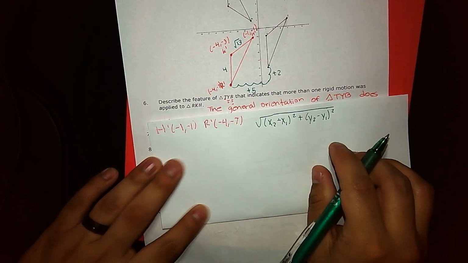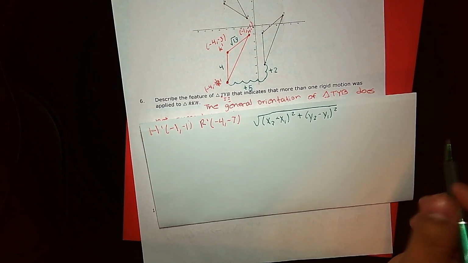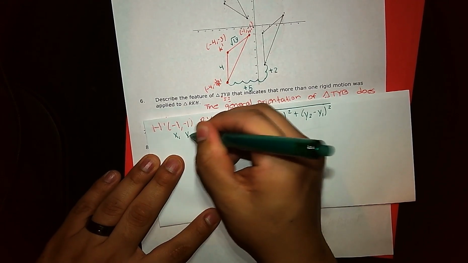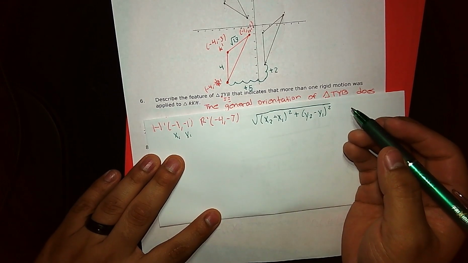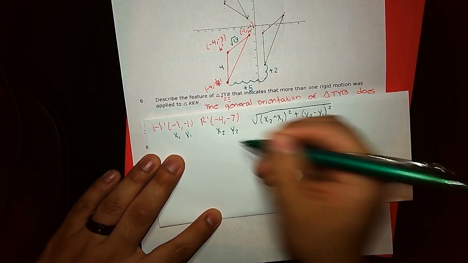And we're just going to plug into the distance formula. So I can act like this is my x1, y1. And I can act like this is my x2, y2.